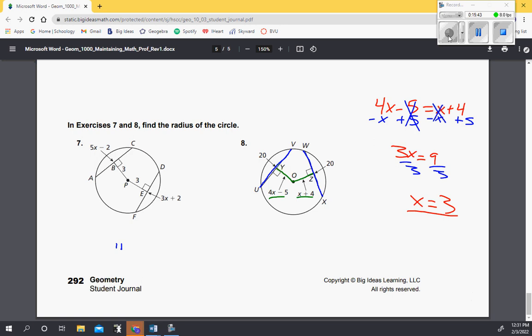So we want to know what this length is or this length. We'll just plug x in. So 3 plus 4 is 7. Which means this is 7.